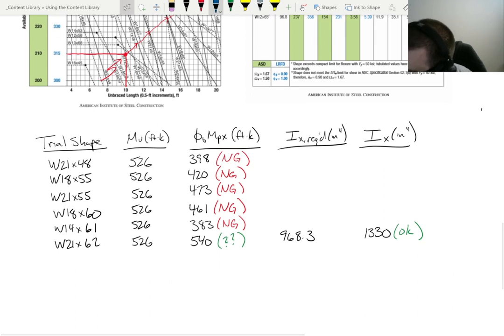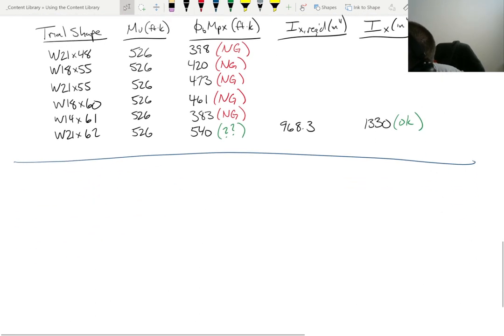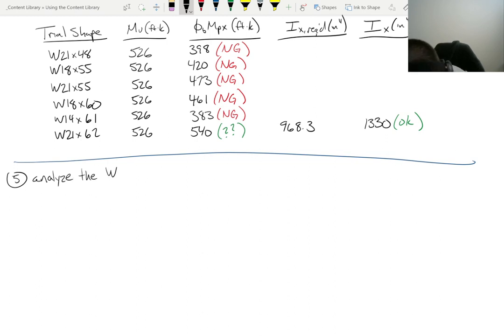So what I will do is I will say, okay, step 5, analyze the W21 by 62 trial selection or trial shape. Now remember that I should put here a note.